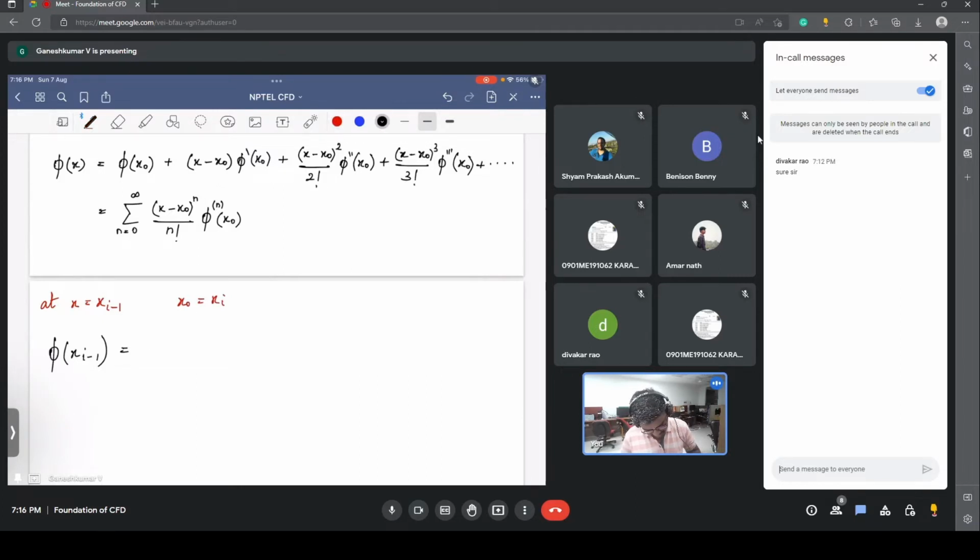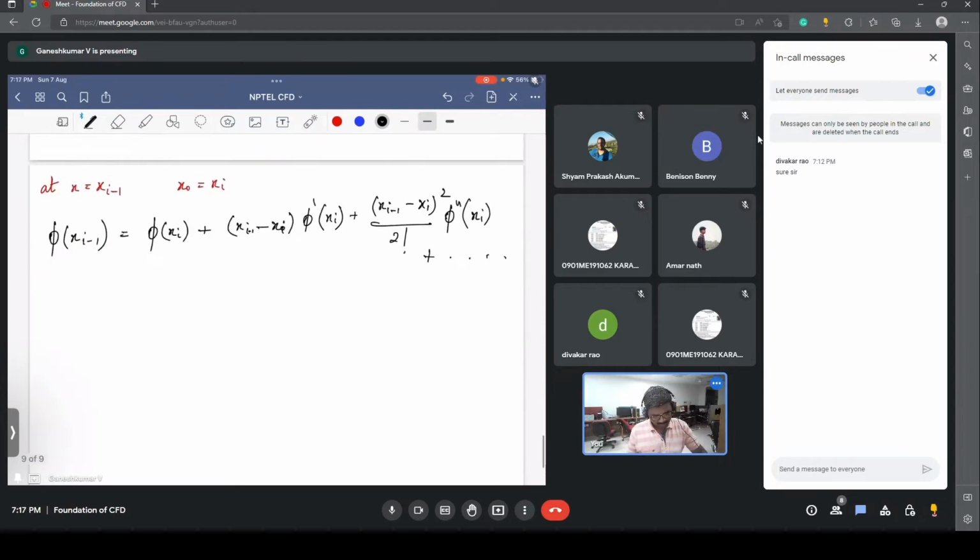So this will be phi of xi plus xi minus 1 minus xi times phi dash of xi, plus xi minus 1 minus xi whole square by 2 factorial phi double dash of xi plus, and so on.